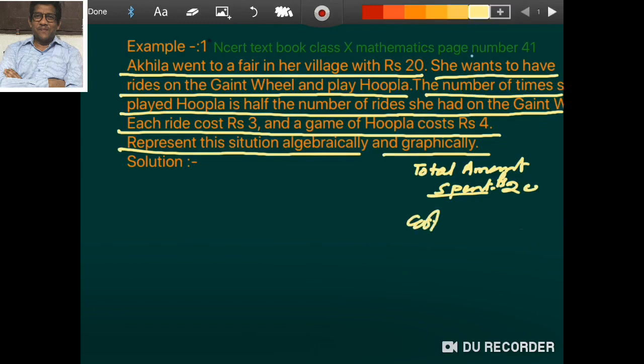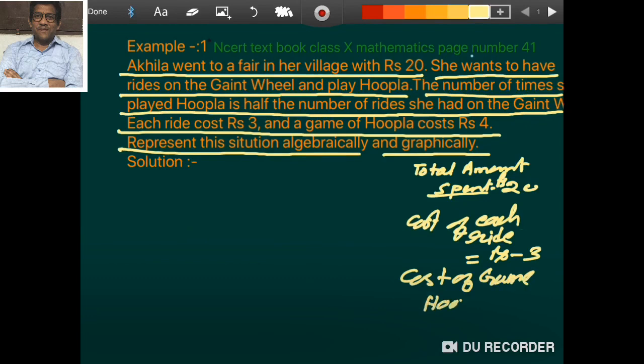Cost of each ride ₹3 and cost of a game of hoopla ₹4.